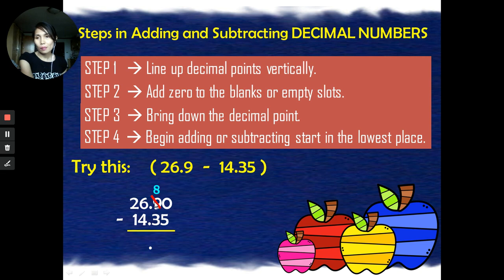This is the tens place, right? So we will borrow 10 from 9. So this 0 here will become 10, because we borrowed 10. So 9 will become 8. The value of that is 80, right? But since this is in a number, that's just 8. And then 10 minus 5 is 5. 8 minus 3 is 5. 6 minus 4 is 2, and 2 minus 1 is 1. So that's how we got the answer.